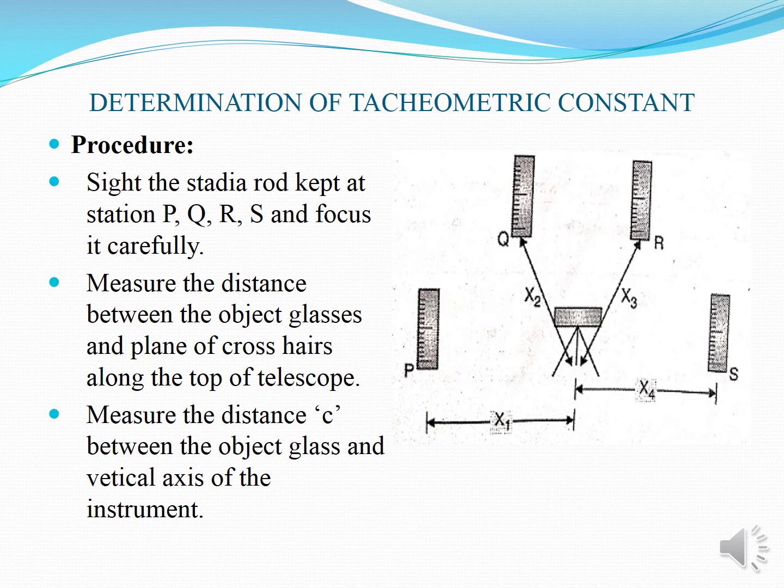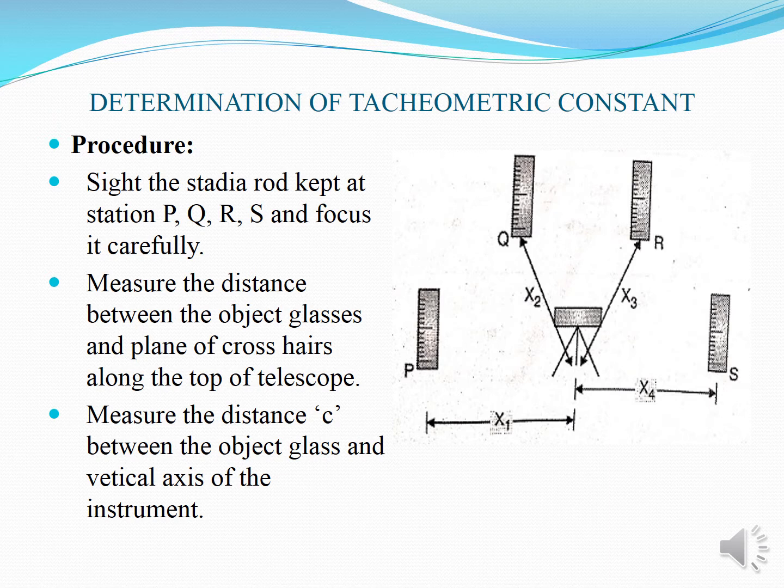After that, measure the distance between the object glass and the plane of crosshairs along the top of the telescope. Then measure the distance c, between the object glass and the vertical axis of the instrument.